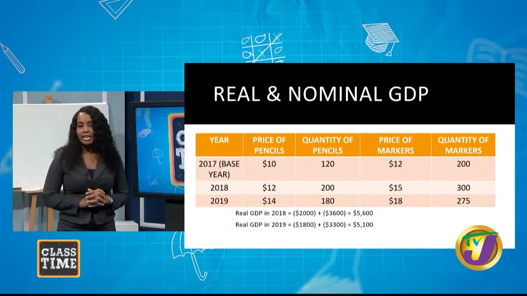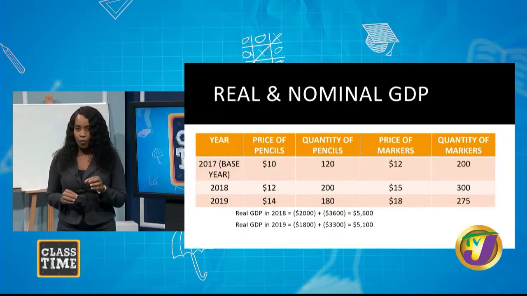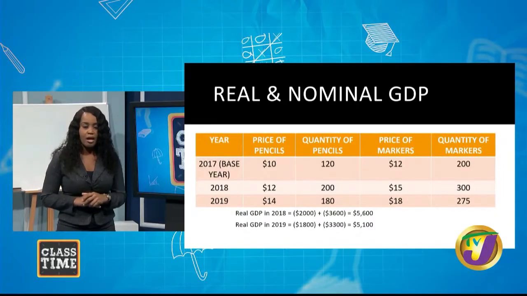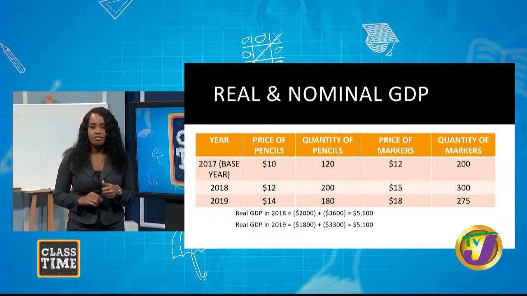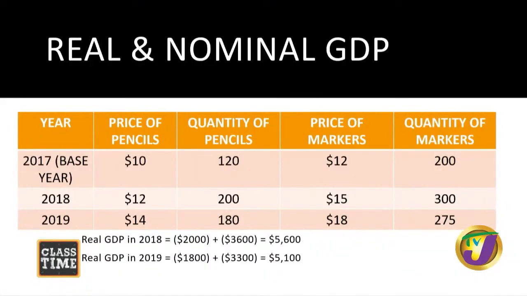Now, if we're looking at real GDP and we select 2017 for the base year, what this simply means is that we are going to calculate the income that the country earned in the other years, 2018 and 19. We're going to look at the quantities that are produced in those years, but we're going to use the price of the base year, which is 2017. So when we look at the quantities of markers and pencils produced in 2018 and 2019, we're going to use the original prices.